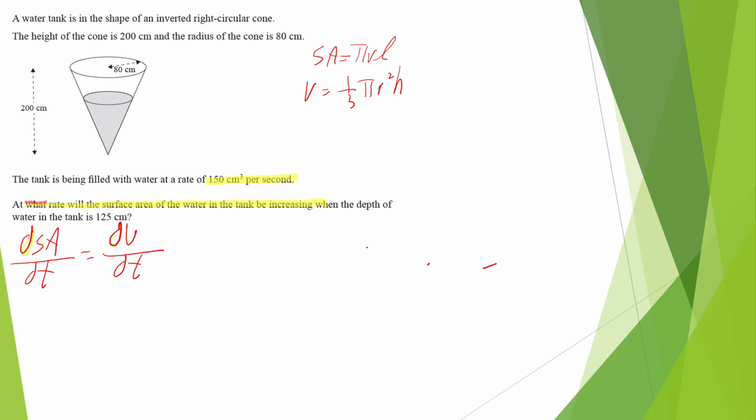So I need to link all of that. I can differentiate the surface area with respect to r, and I can differentiate the volume with respect to r. That will give me that common variable in differentiation, because you will have to see what you can substitute. I'll substitute it into the rate of change equation.